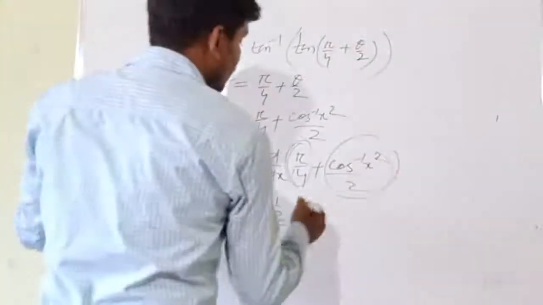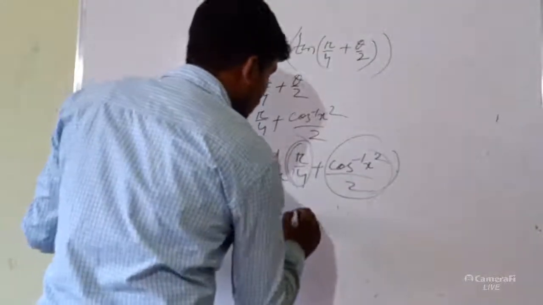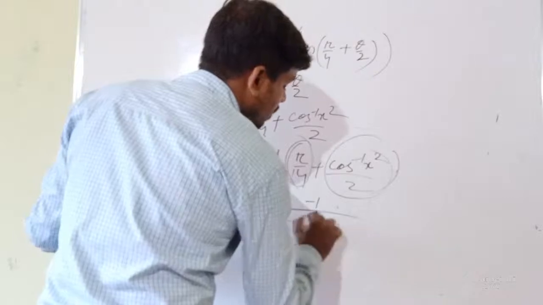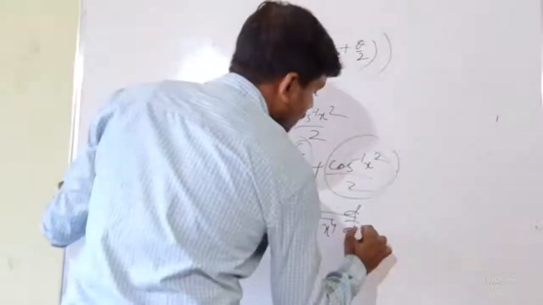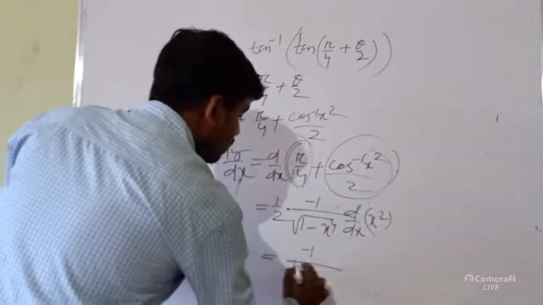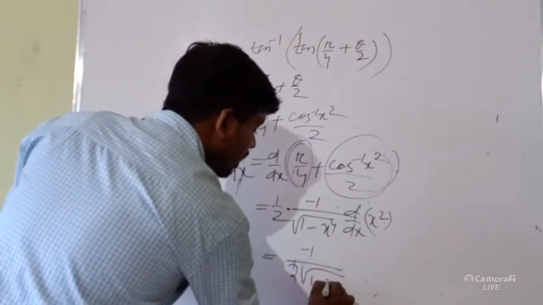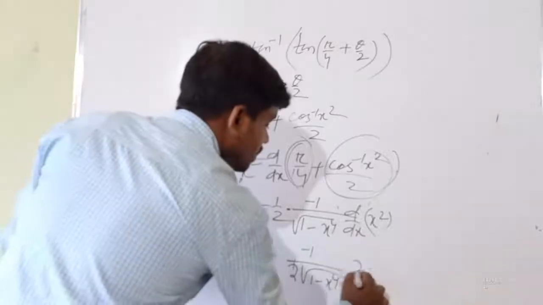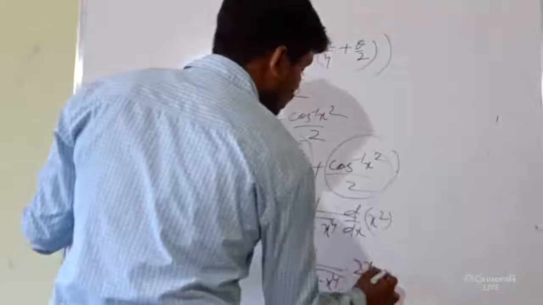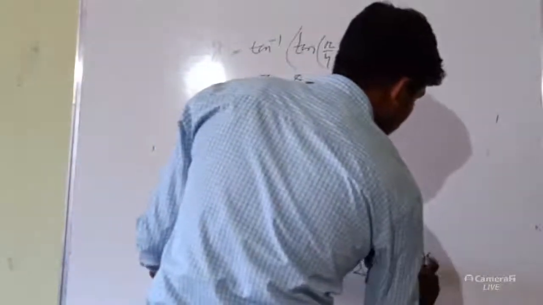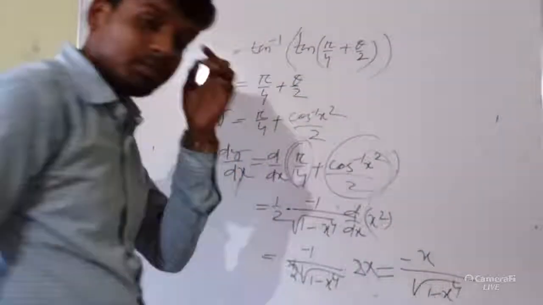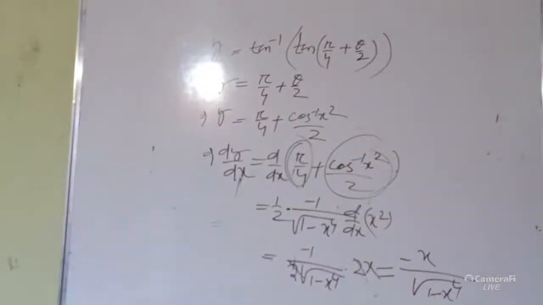Now the derivative of cos inverse x square is minus 1 by root over 1 minus x to the power 4, and the derivative of x square is 2x. Okay. Now this minus 1 by 2 root over 1 minus x to the power 4 times 2x. These 2 are cancelled. Here only minus x by root over 1 minus x to the power 4. Okay. Any doubt?